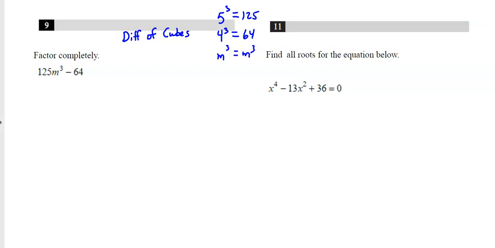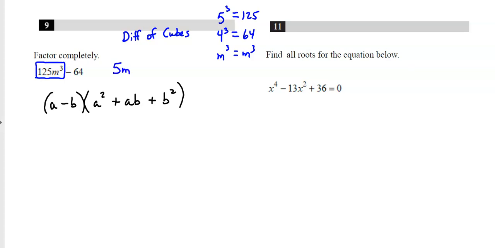And the pattern for the difference of cubes is, if you could find out what a minus b is, you're then going to have a squared plus a times b plus b squared. So what I'm doing here is I need to find my a and b, and I need to rewrite it as a cube. So if I rewrite this as a cube, it would be 5m to the third power.